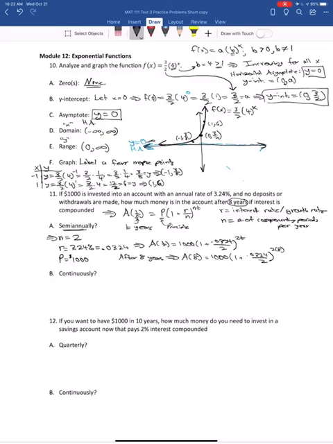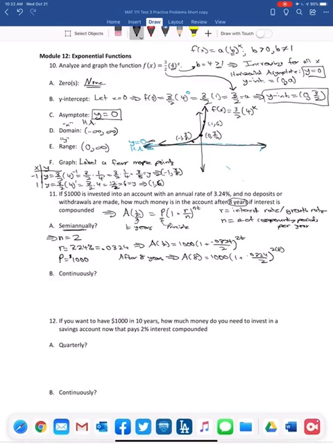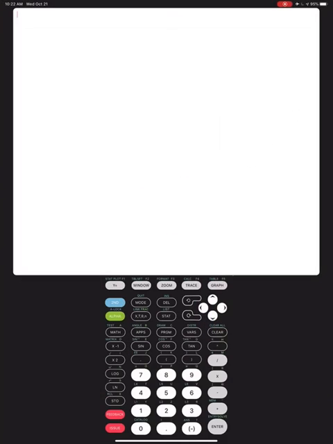So getting our calculator out, if you want, we can put it in there together. Let's bring up the TI and type it in. So we got 1,000, parentheses.